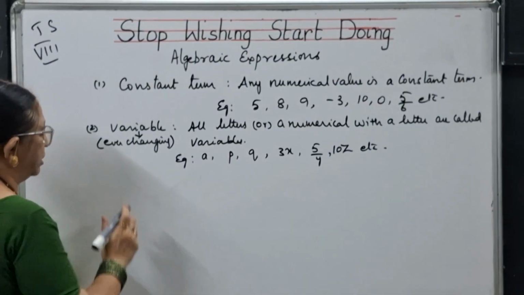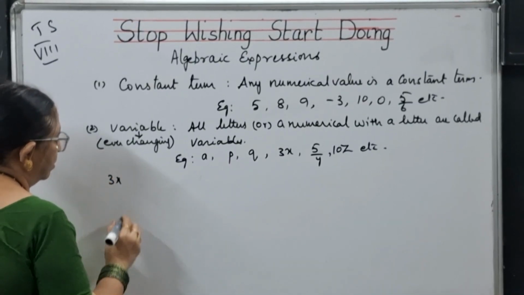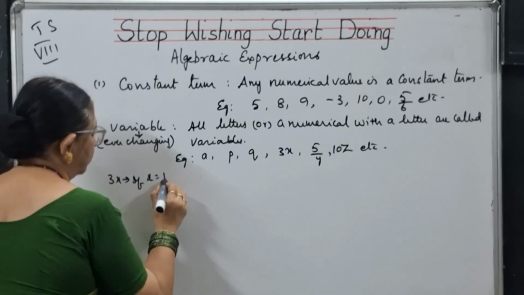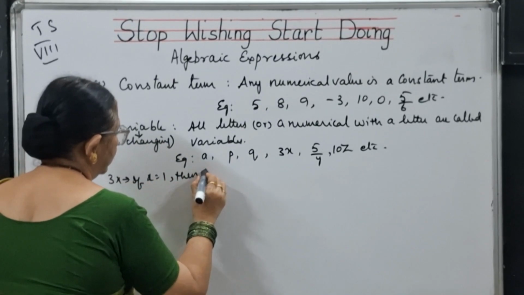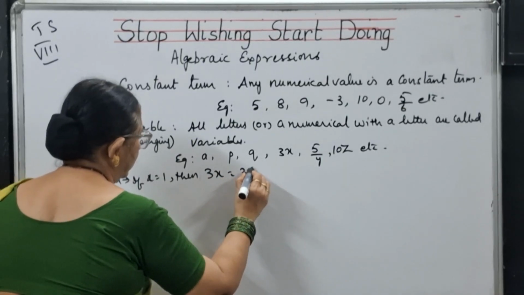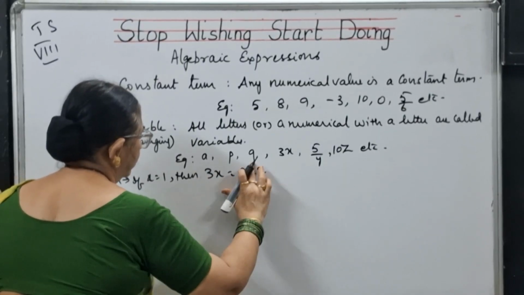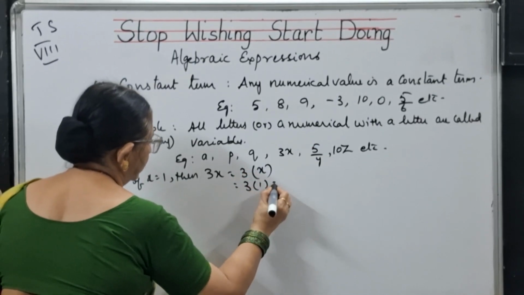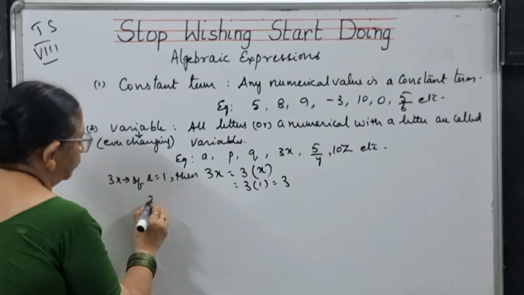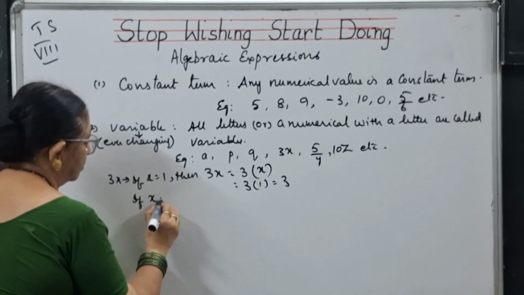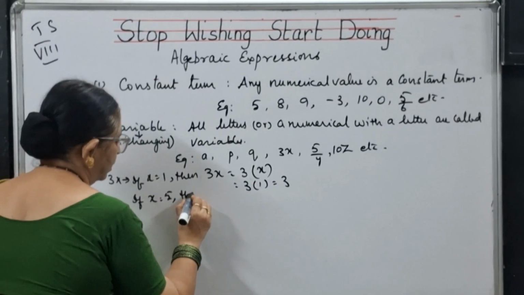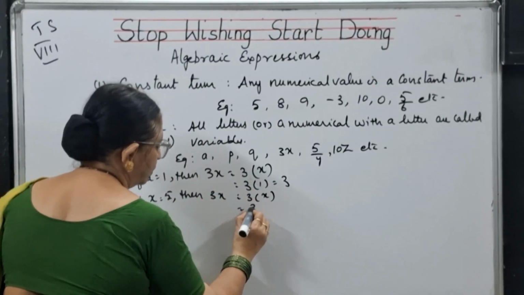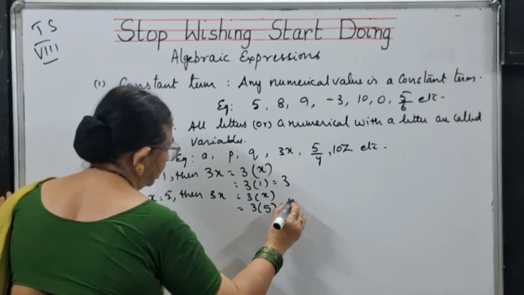As an example, let me take 3x. If x is equal to 1, then 3x means what? 3 into x. We will keep this in a bracket. 3 into x, that is 3 into 1, that is 3. Now if I take x equal to 5, then 3x is equal to 3 into 5, that is 15.